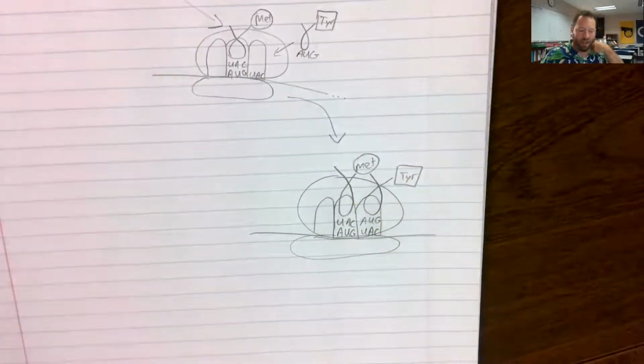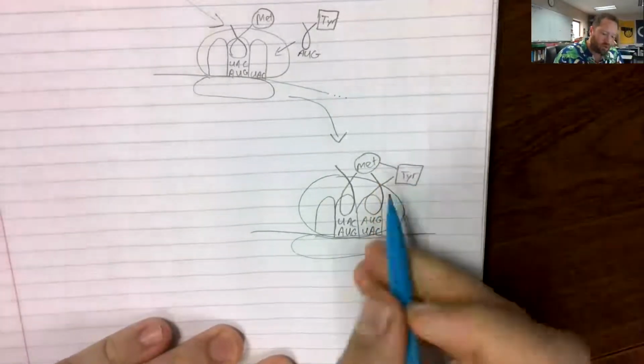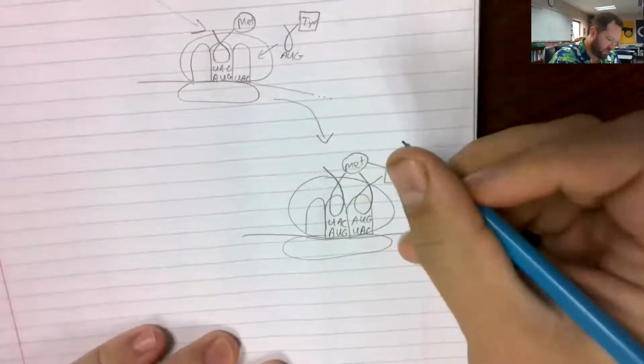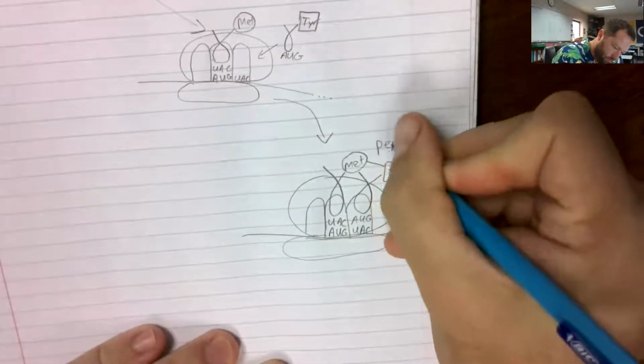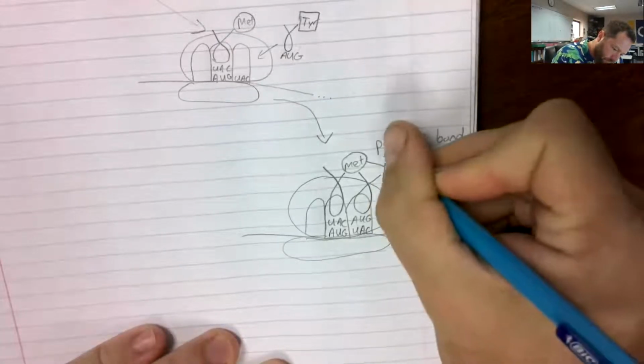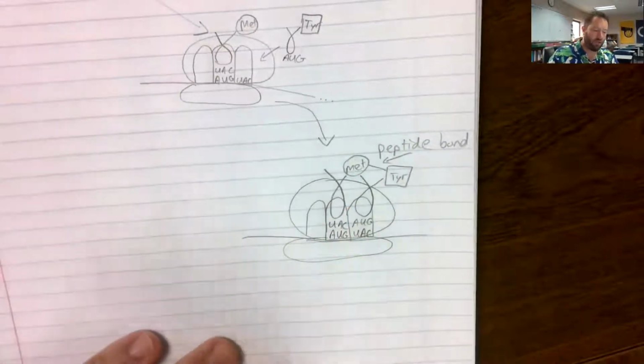And what's going to happen next is our ribosome is going to link the two of them. This is our peptide bond that we discussed just a second ago. Peptide bond between amino acids, and that gets formed here in the second step.